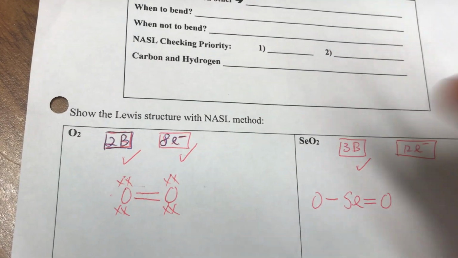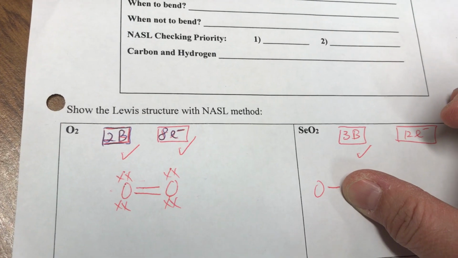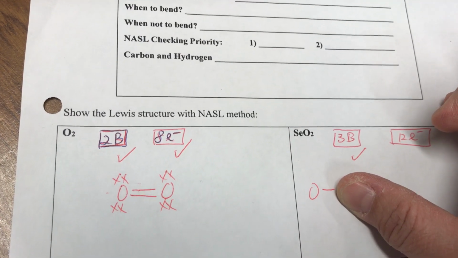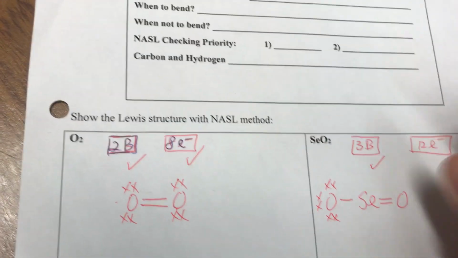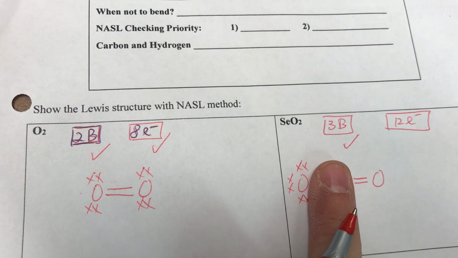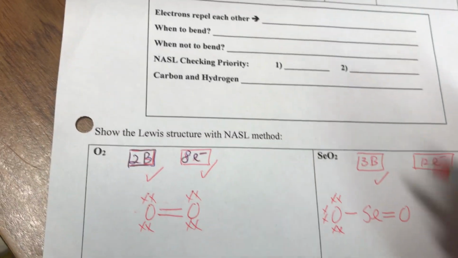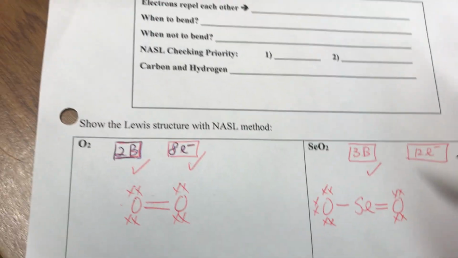And then next, I'm going to check if every single atom is full shell. Now this oxygen is not full because I only have 2. I have to put 6 around. This oxygen is also not happy because I only have 4 and I have to put 4 more. Again, they have to repel, so it will be like this, top and bottom. So 2 oxygens are happy.